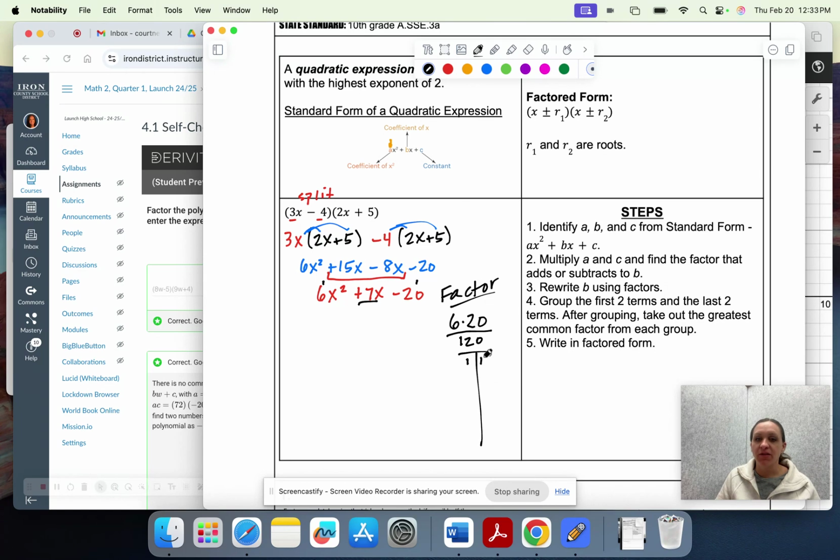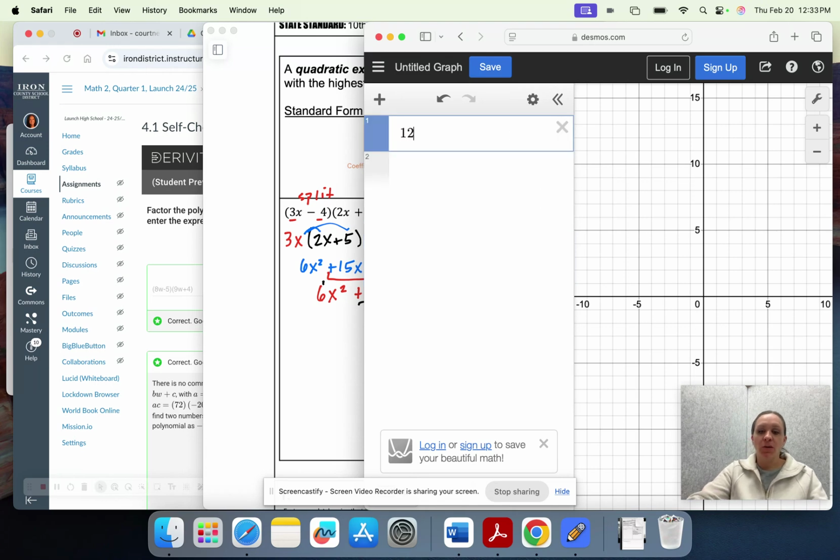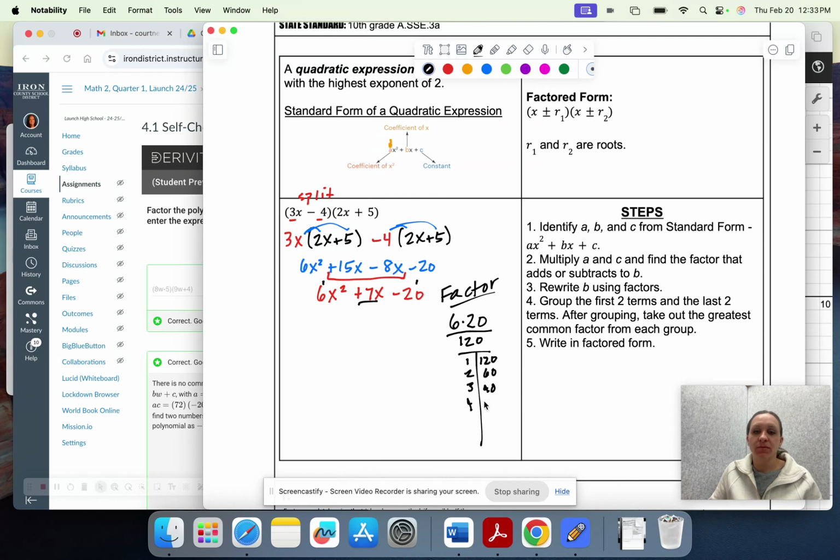So just start thinking about factors of 120. 2, 60, 3, 40. And you can use a calculator. So 120 divided by 2, there's my 60, 40, 30. Sorry, my 4s are getting hard to read there.